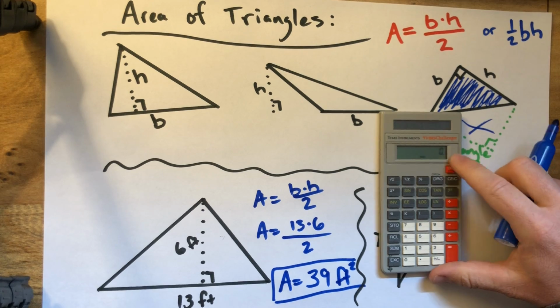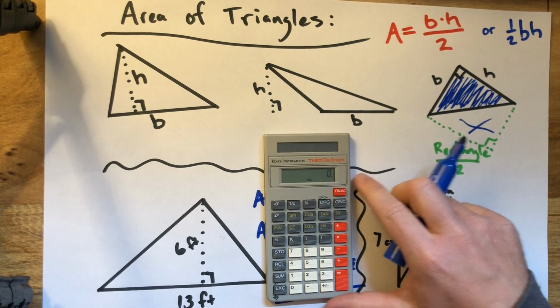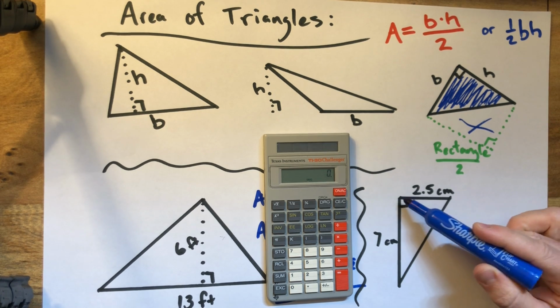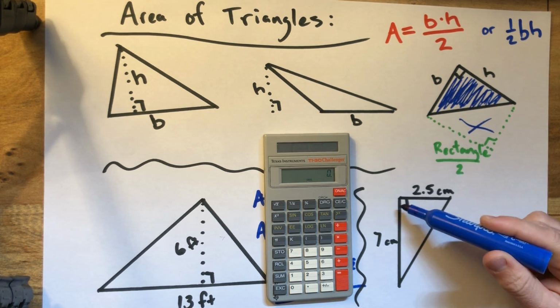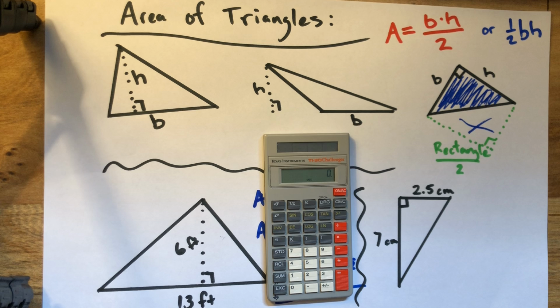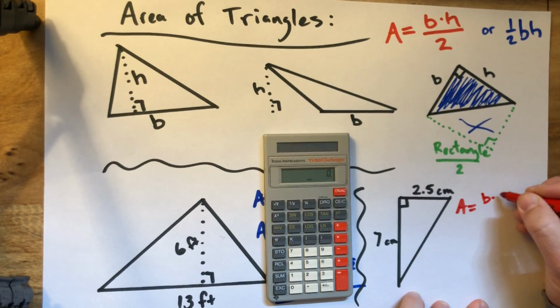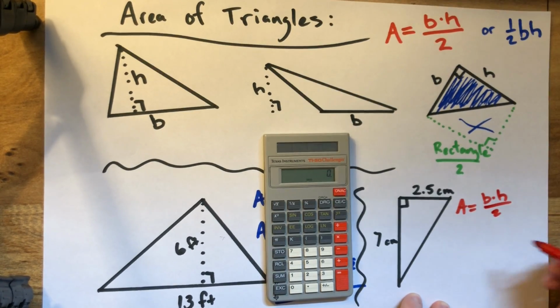Let's look at another example real quick. I have this right triangle here. And in this case, the perpendicular sides are 2.5 and 7. It's not going to change much. We're going to use the same formula and the same idea to find area. So area equals base times height divided by 2.